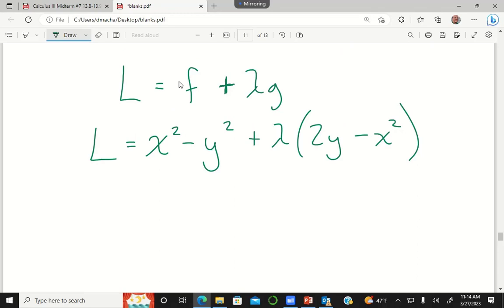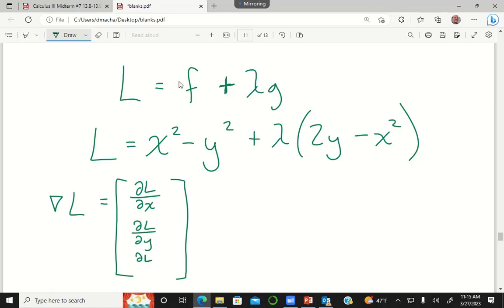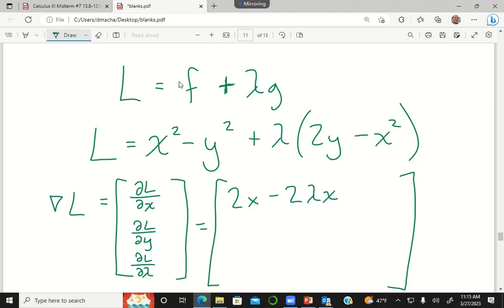And then we find the gradient. So the gradient of the Lagrange function would be a vector with 3 entries: the partial with respect to x, the partial with respect to y, and the partial with respect to lambda. And so my partial with respect to x would be 2x minus 2 lambda x.